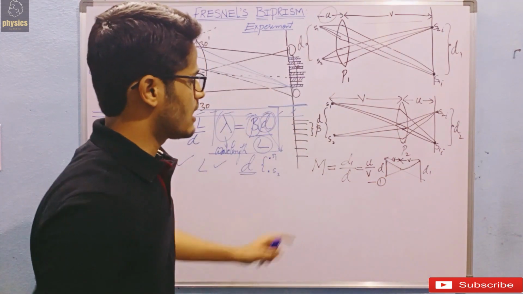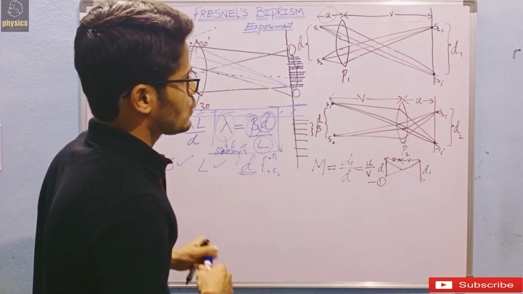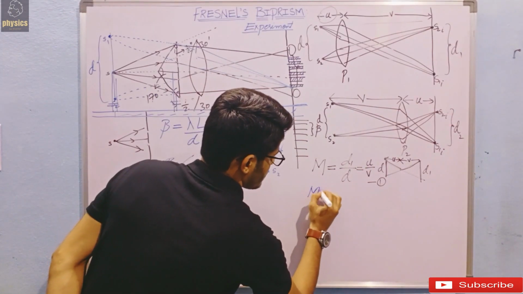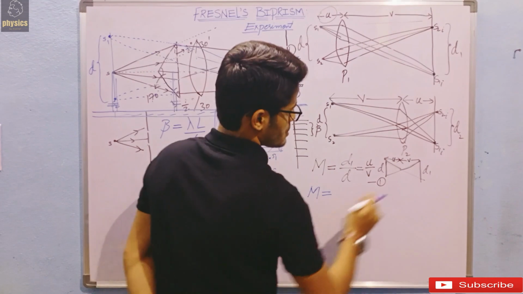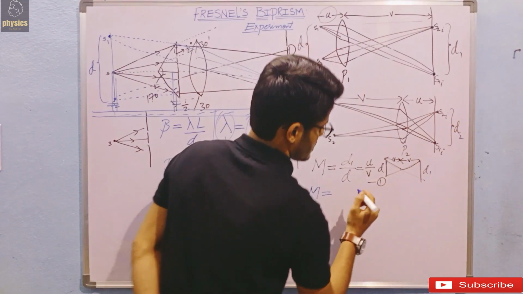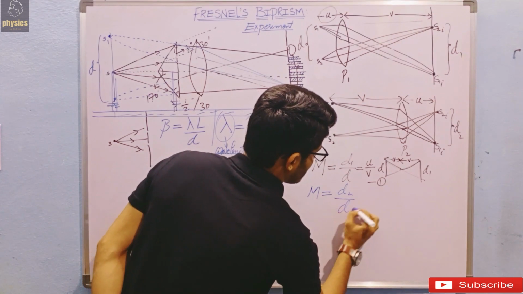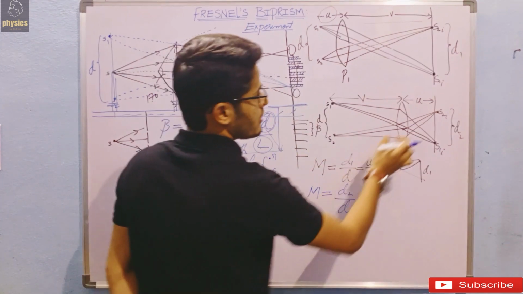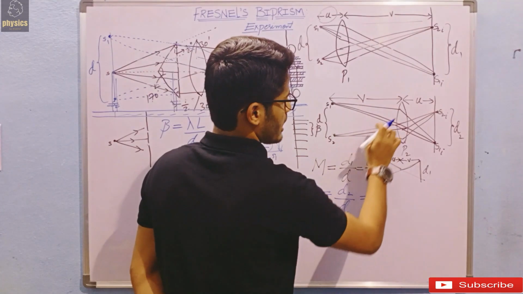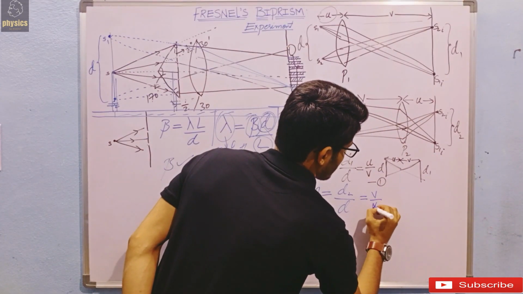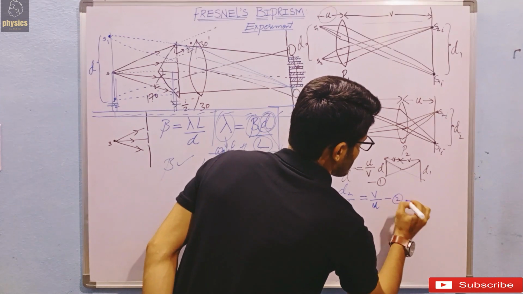And similarly, I'll apply the magnification to the position P2. The magnification here is M equals the image distance D2 divided by D. Now the distances got flipped. Now it will be U divided by V. Let this be equation 2.